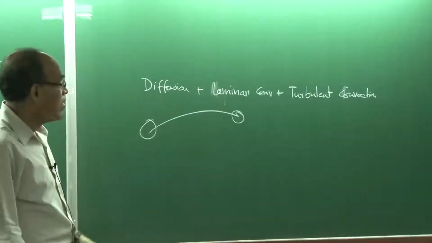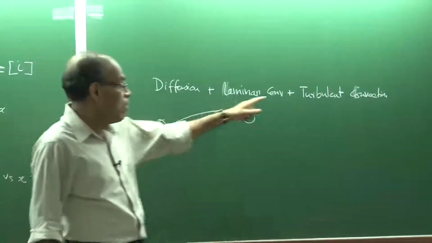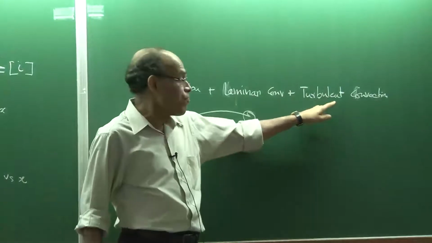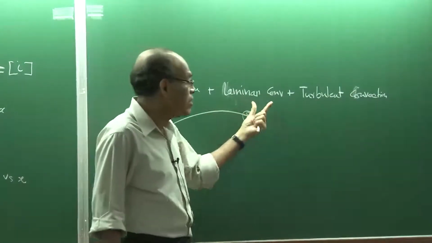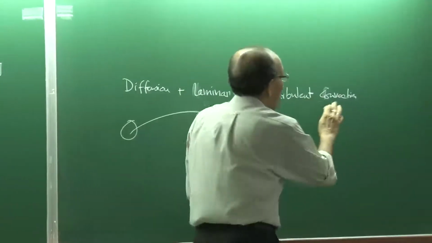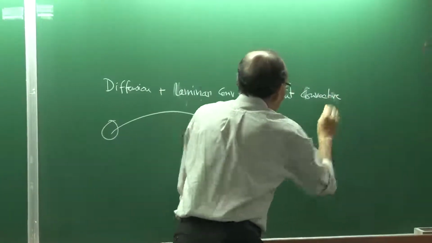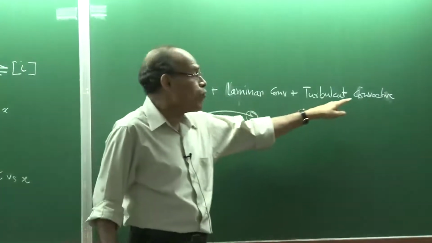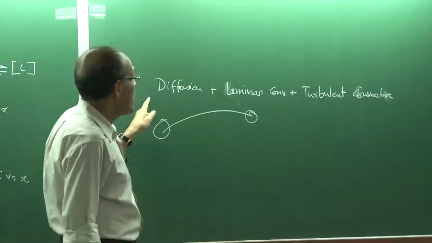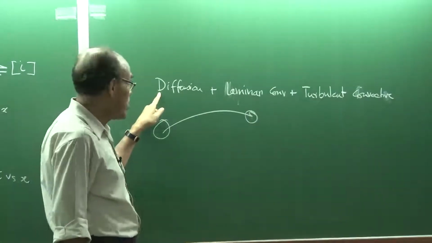As I said, somewhere turbulent convection will predominate, somewhere maybe diffusion will predominate.